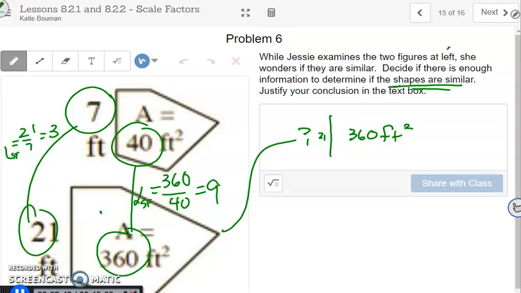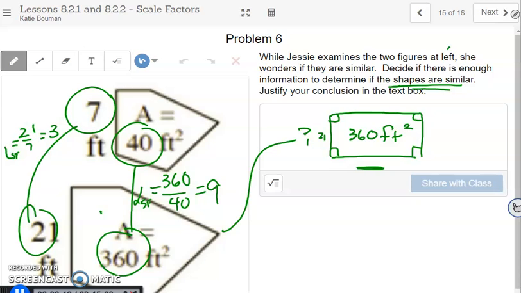For example, is it possible that the shape could be a rectangle? If my height is 21 and the area is 360, can we determine what that base would be so that the shape itself would actually fit the criteria? The height's 21, the area is 360, but the shape itself is no longer a pentagon, but actually now a quadrilateral. So it decides if there's enough information to determine if the shapes are similar.